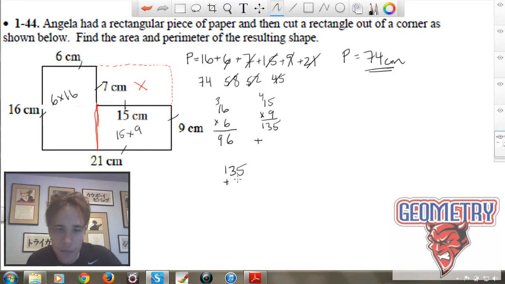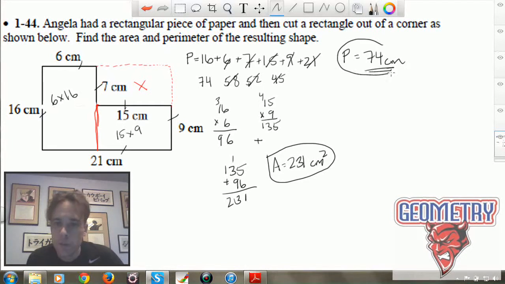So when we add those two numbers together, 6 plus 5 is 11, there's 13, 2. So 231 is the area, centimeters squared. So subtraction method, dissection method, perimeter, all involved in that problem.